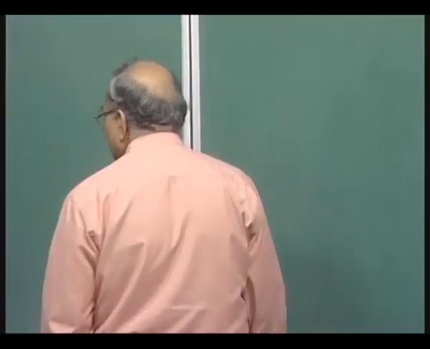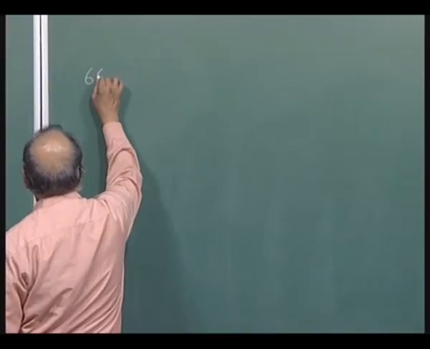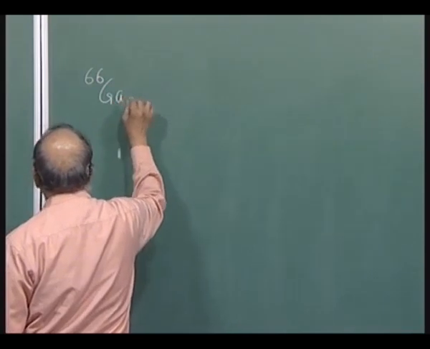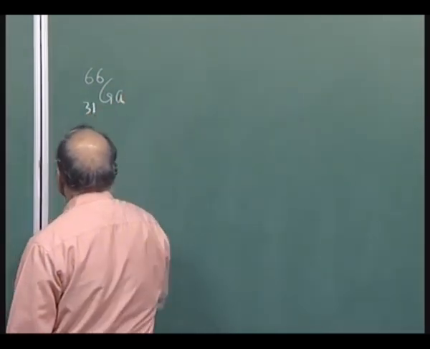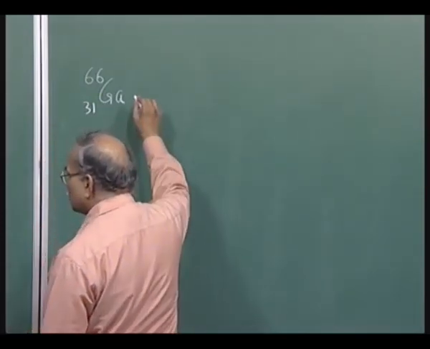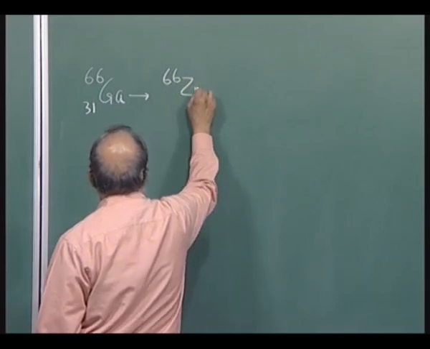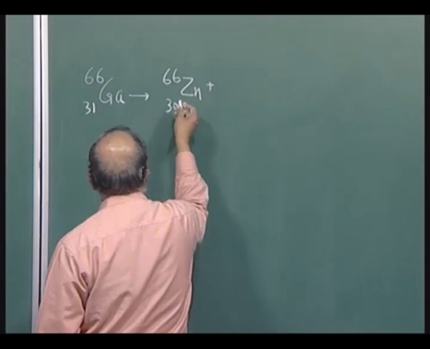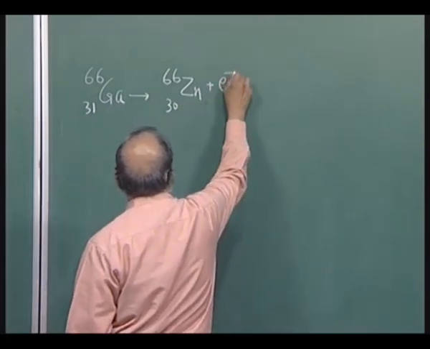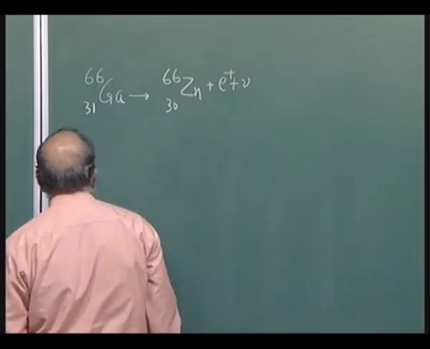Now, the curve that was agreeing was for this particular decay, 66 gallium, and this is 31, proton number is 31, going to 66 zinc where proton number is 30 and proton is decreasing. So, it is converting into neutron. So, this is the kind of decay.